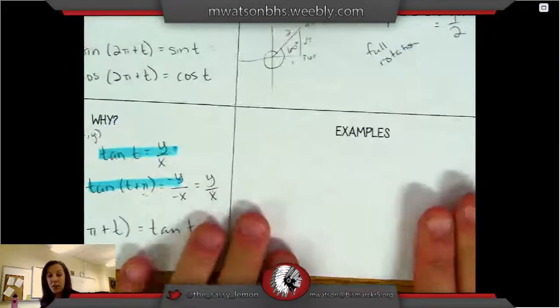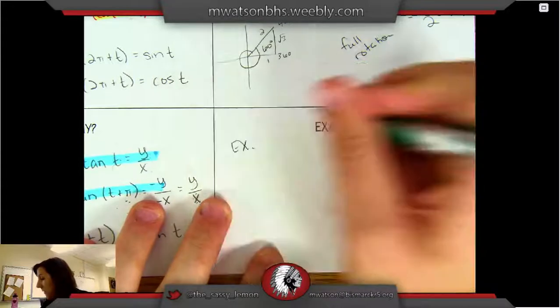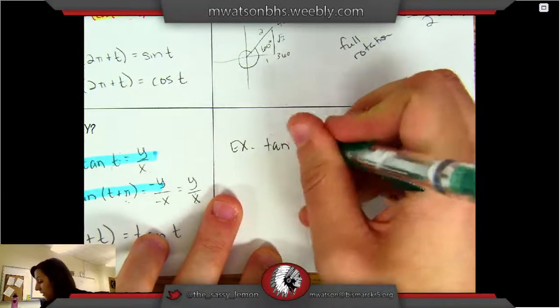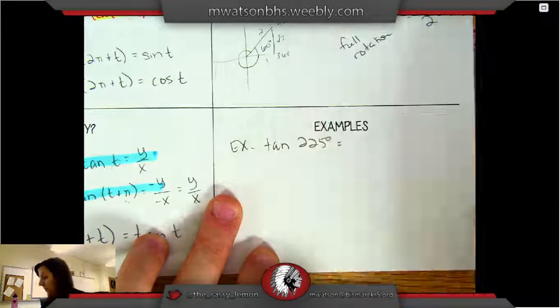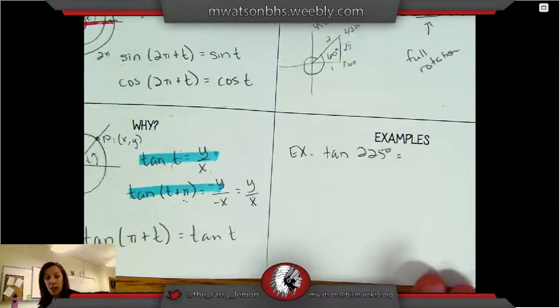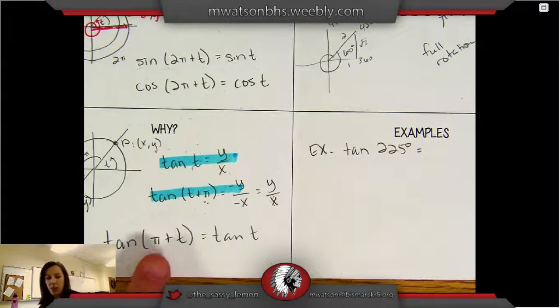Now let's do an example problem over here. Say we have tangent of 225 degrees. Because of our identity, we can actually break that up. Before, we would have to draw the reference angle and everything. Now we can just break off 180 degrees.